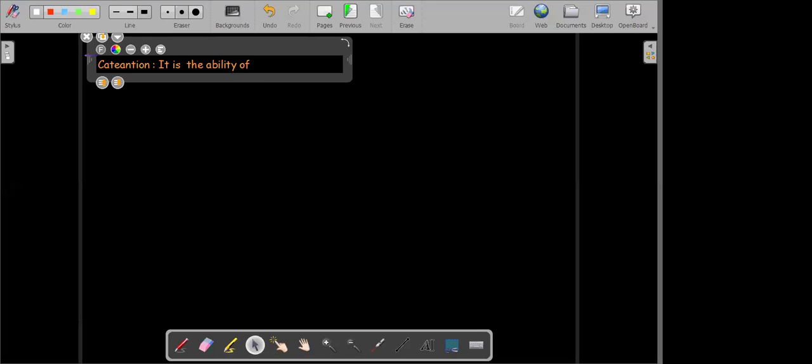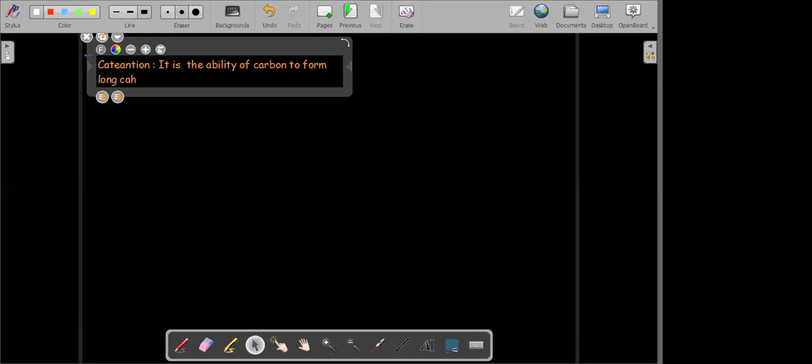It is the ability of carbon to form long chain bonds with itself. So carbon has the ability to form long chain bonds with itself, which we call catenation.